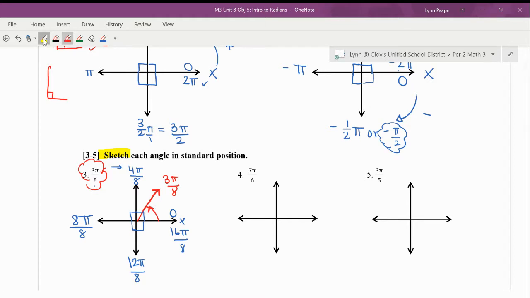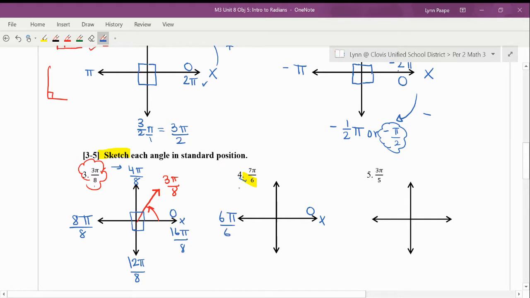All right, so let's take a look at the next one. So again, I'm wanting to start out on the positive x-axis at 0. And then I see that I have a denominator of 6. So when I do this 1 pi over here, so 1 pi is the left quadrantal, I want to get a common denominator of 6, so I'm going to make that 6 over 6.